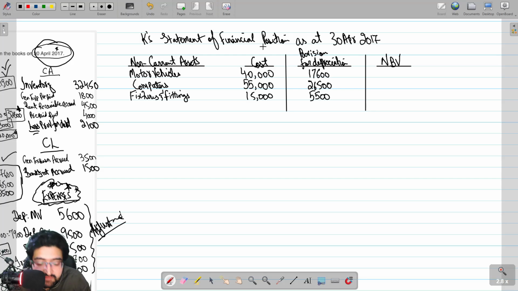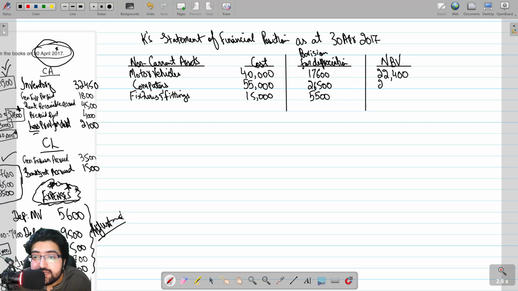Let's do it one by one. 40,000 minus 17,600 gives me 22,400. So the net book value of my motor vehicles is 22,400. Computers, the cost is 55,000 minus 26,500 from it.